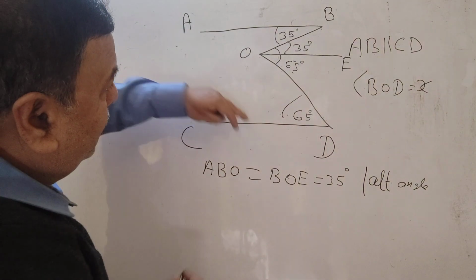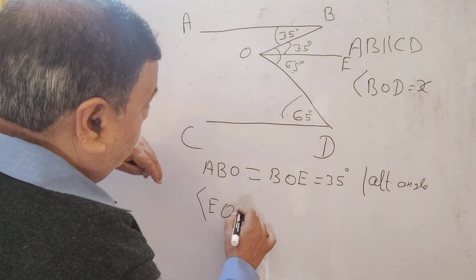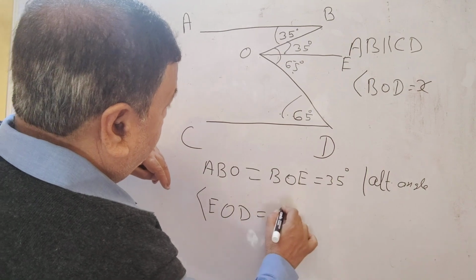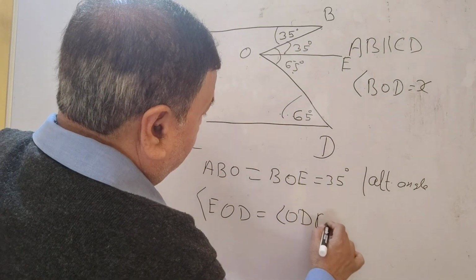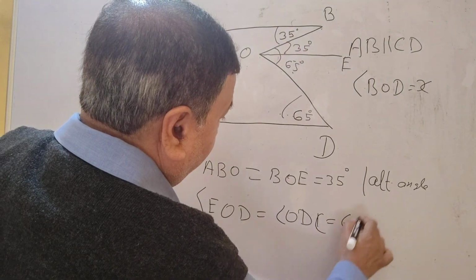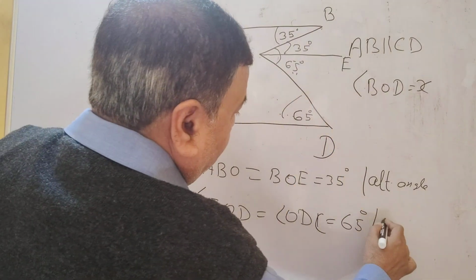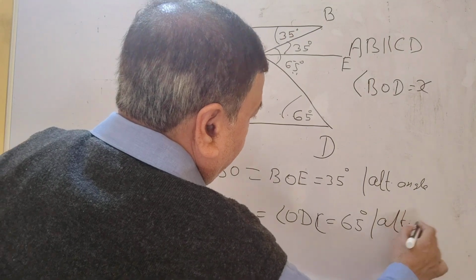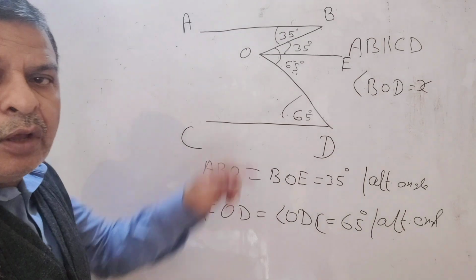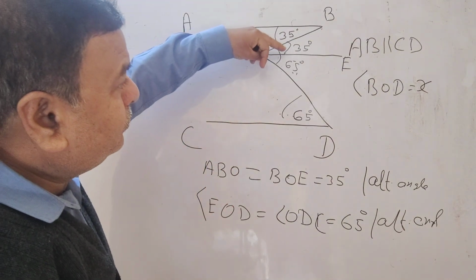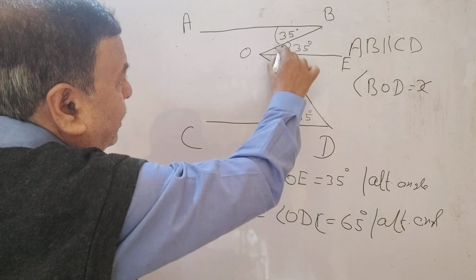Similarly, this part, EOD is equal to ODC is equal to 65. Again, these both are also alternate angle. Now, very clear, this both are x.